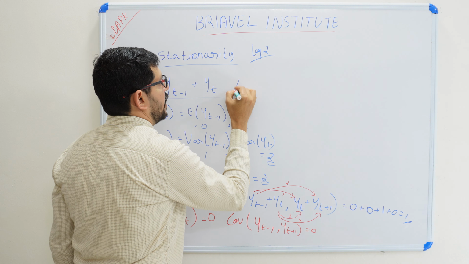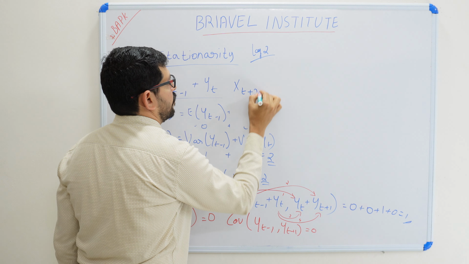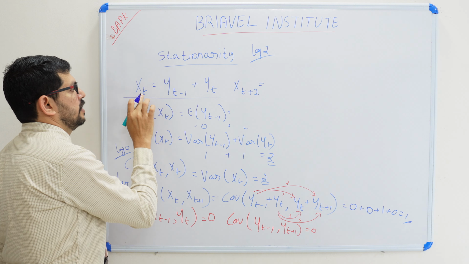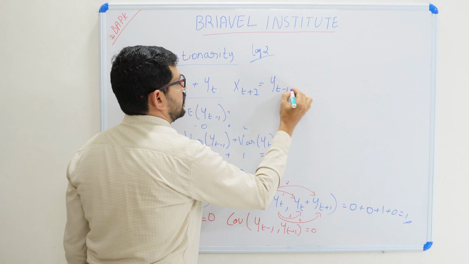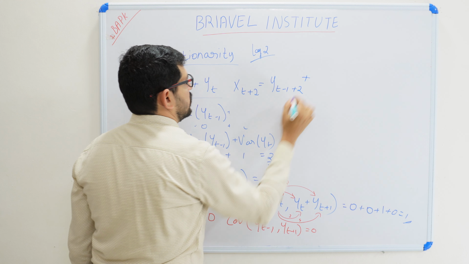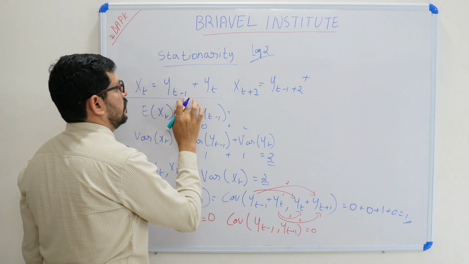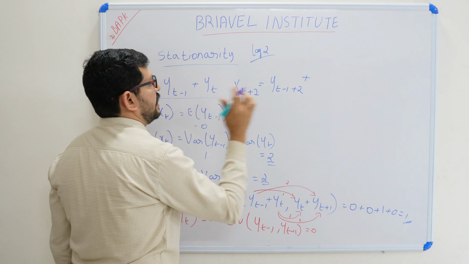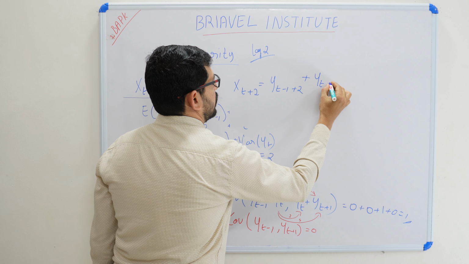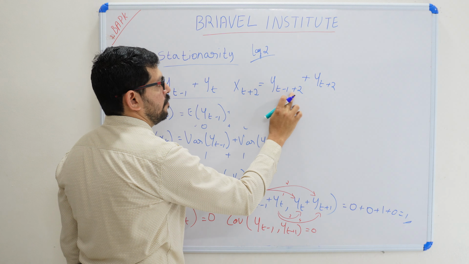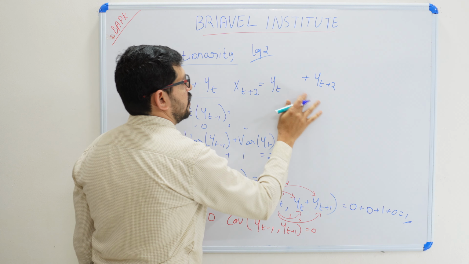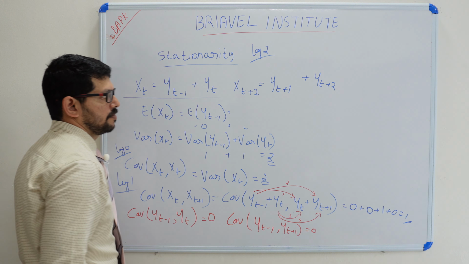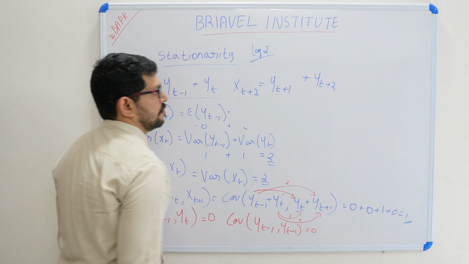So how to write the lag 2? st plus 2. Here we go, here is st, here st plus 2. So everywhere you have to give st plus 2, yt minus 1 plus 2, yt plus 2. Here minus 1 plus 2, how what? It will be a plus 1. So yt plus 2.